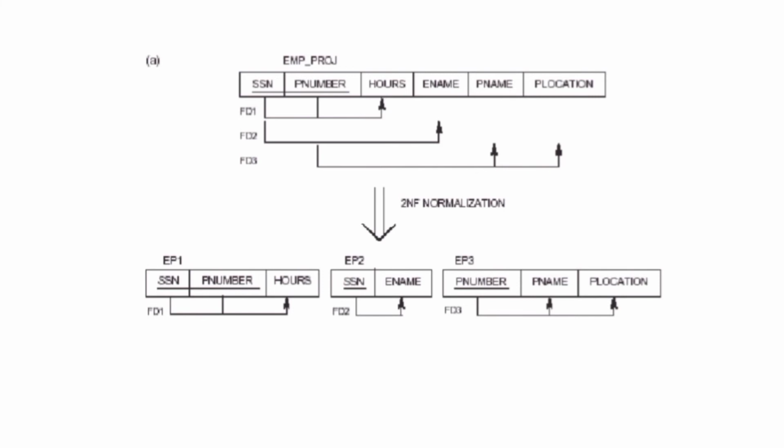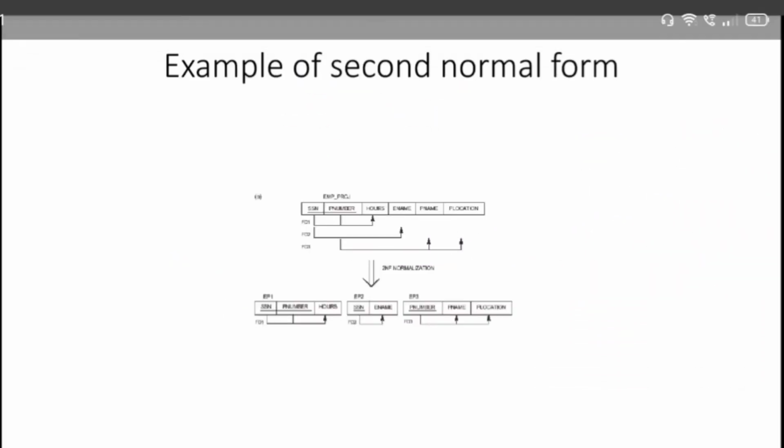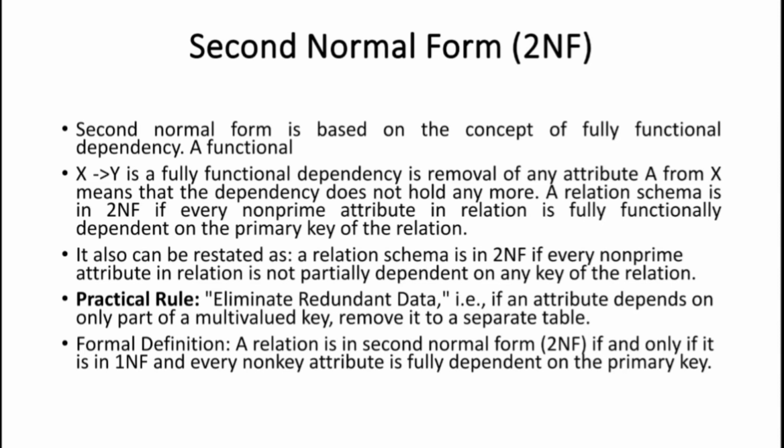That's why project location and project name are fully functionally dependent on project number. Hope you are understanding the concept. So what is the functional dependency? X tends to Y is a fully functional dependency if removal of any attribute A from X means that the dependency does not hold anymore.